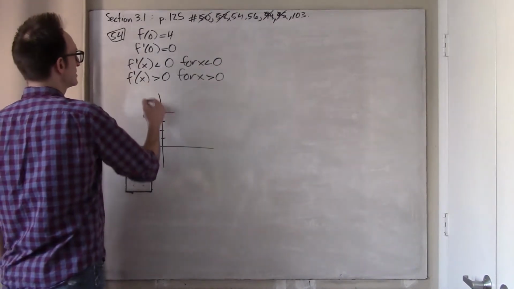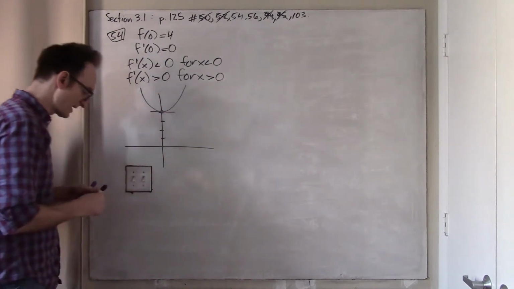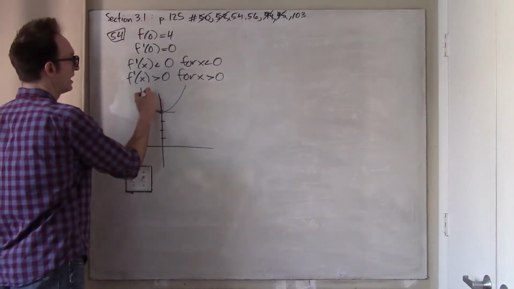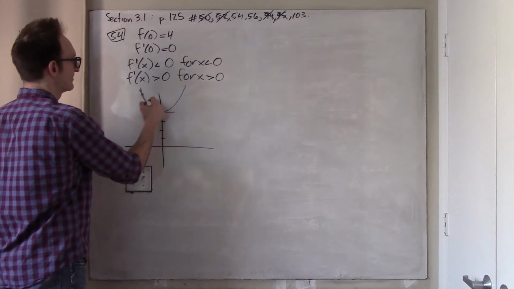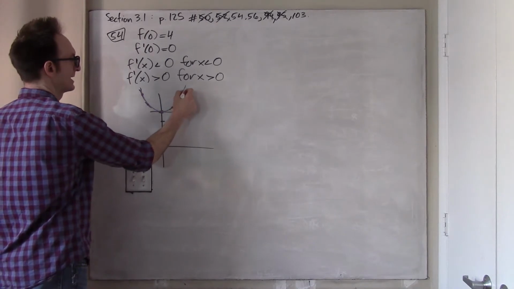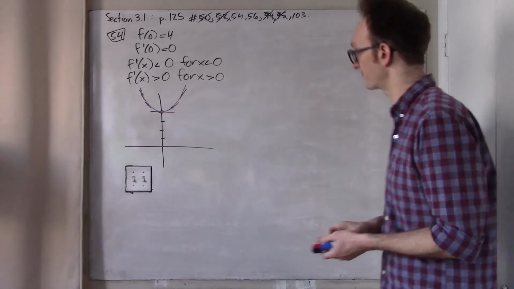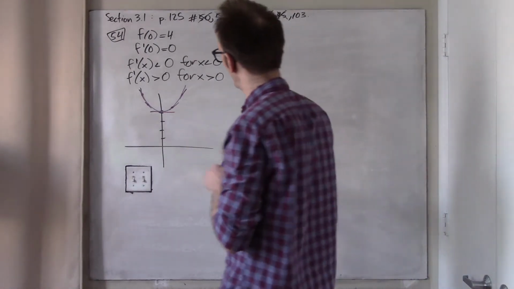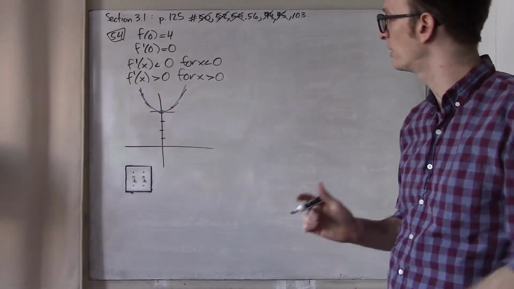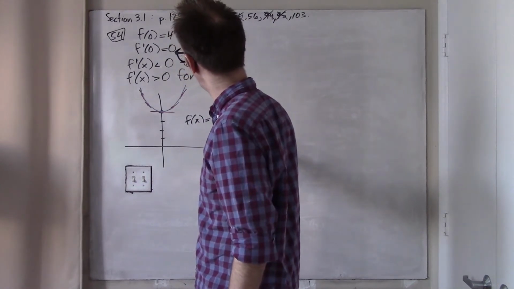So now all I need to do is draw an example of a function where all of the tangent lines have negative slope for negative x values, but on the right-hand side the tangent lines all have positive slope. So there it is. Of course many different kinds of functions are possible, but a nice function like x squared plus 4 would do just fine here.